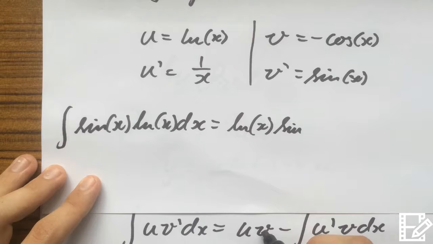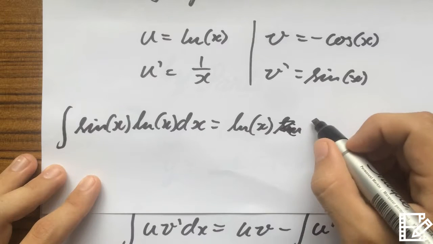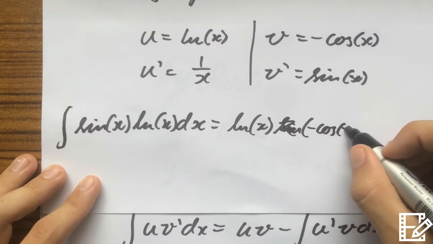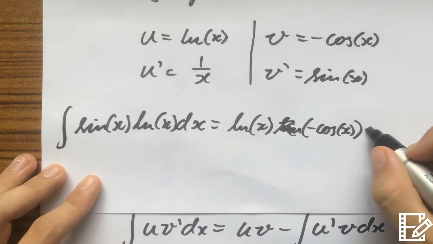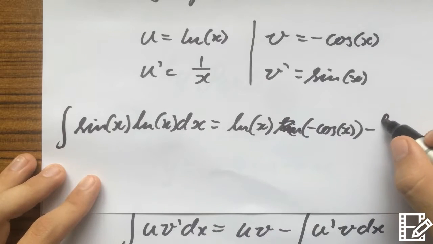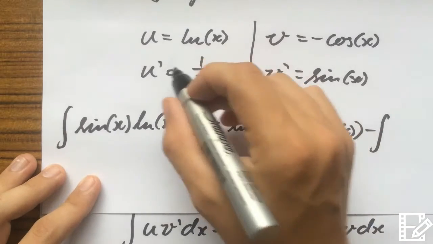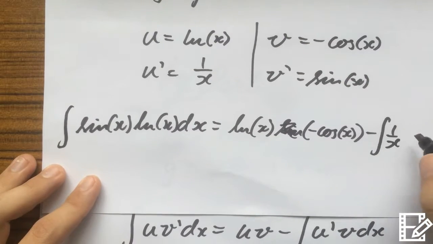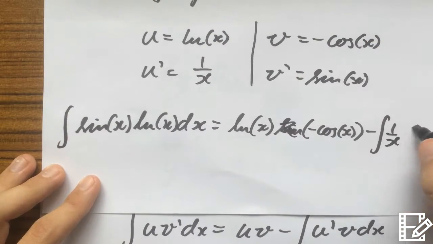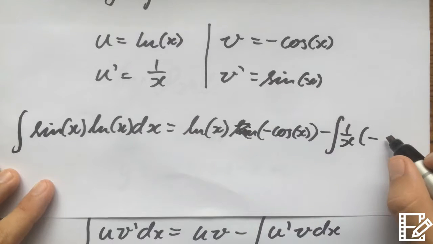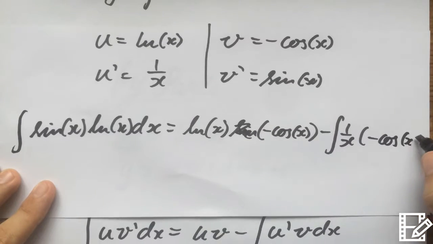Not v dash, v, my bad, is negative cos x. Minus the integral of u dash being 1 over x, multiplied by v, multiplied by negative cos x dx.